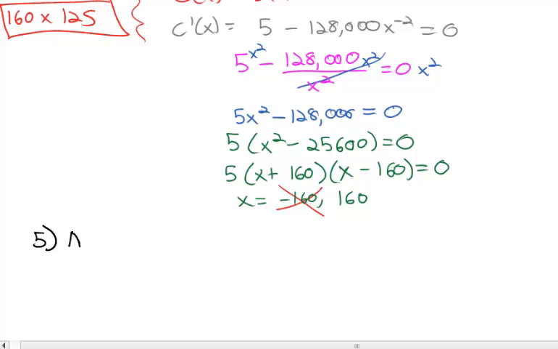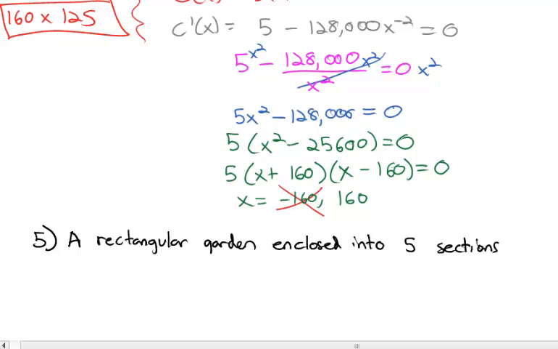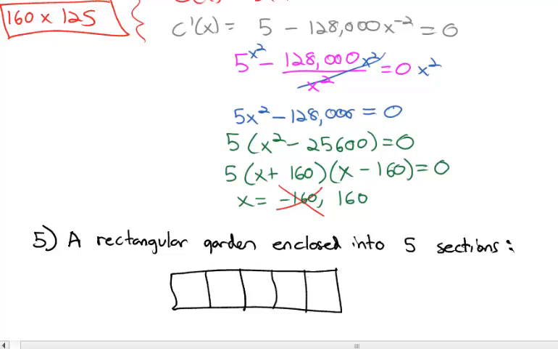Let's say we have a rectangular garden enclosed into 5 sections. And for whatever reason, it has been decided that it's going to be a rectangular garden enclosed like this into 5 sections.